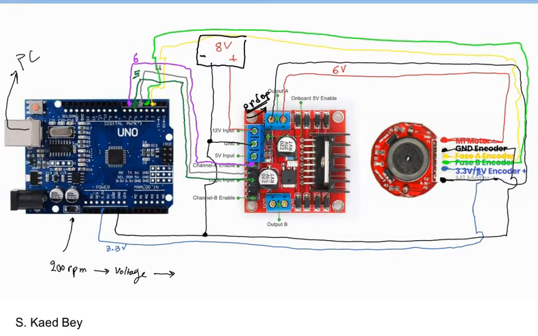So that voltage is going to be fed in square wave to the H bridge, which will in turn activate the motor with the voltage corresponding to the 200 RPM. The encoders here in the open loop configuration will be only used to display the RPM on the screen, and they will not take any part in the control.